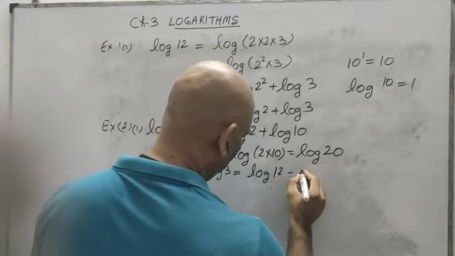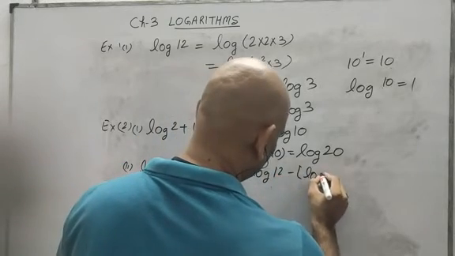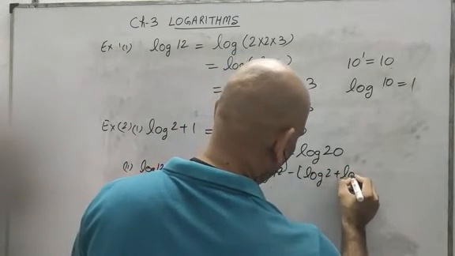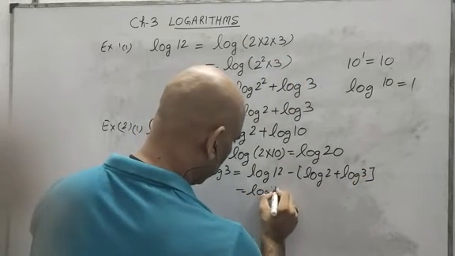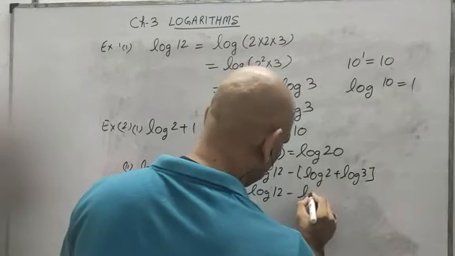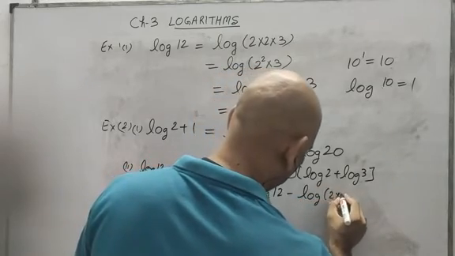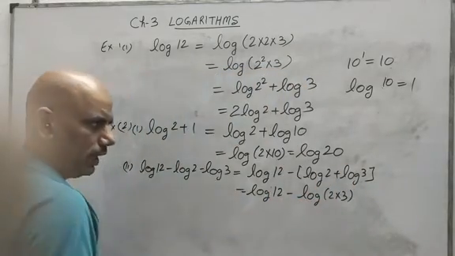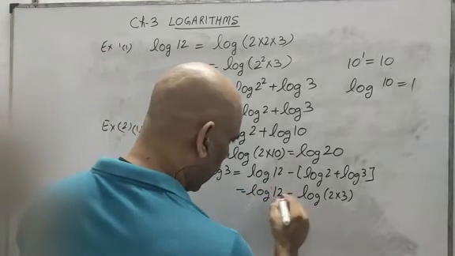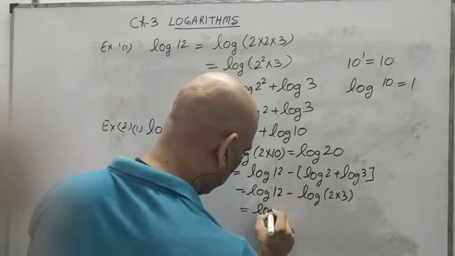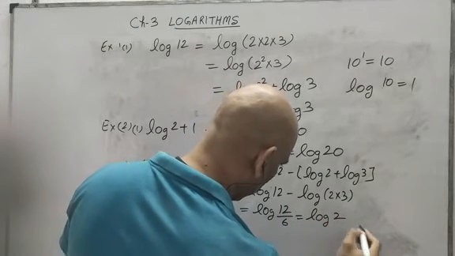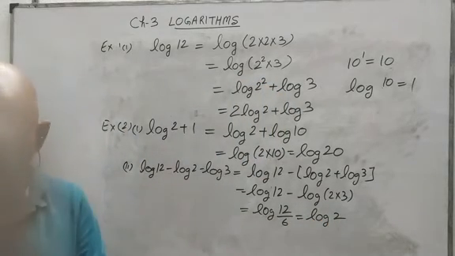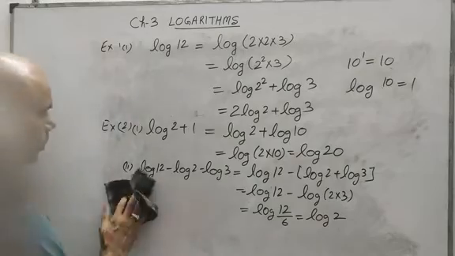So log 12 minus, log 2 plus log 3. I can also write it as log 12 minus log of 2 into 3, because they are in addition, so they are multiplied. Now they are in subtraction, so they will be divided: log 12 upon 6, that is log 2. So this much you will have to do.